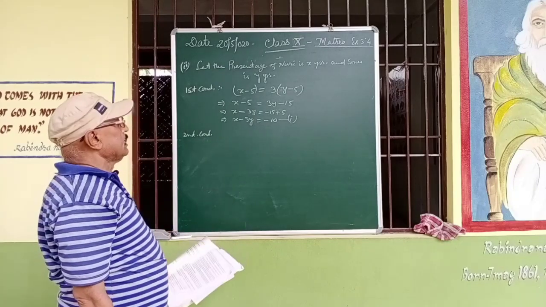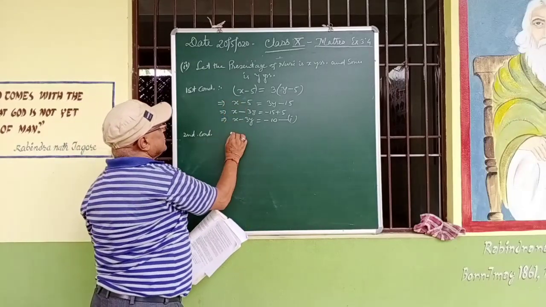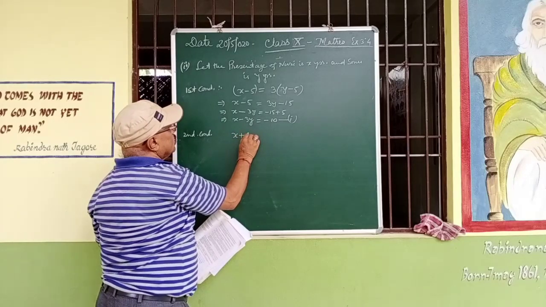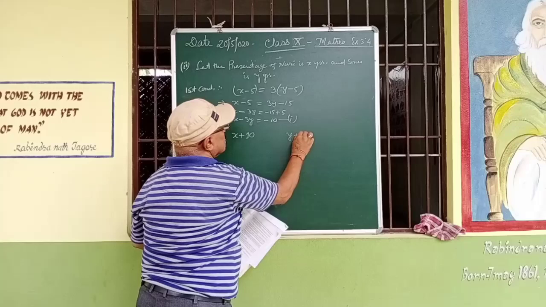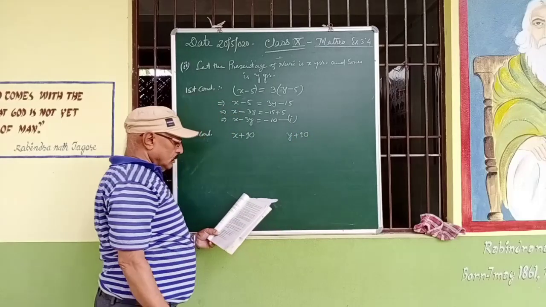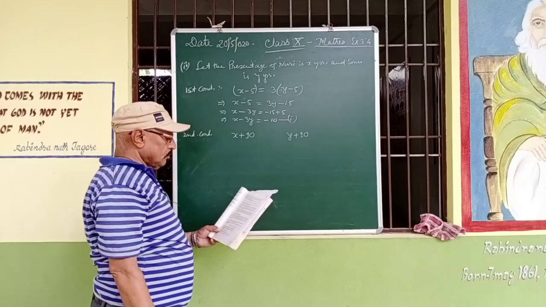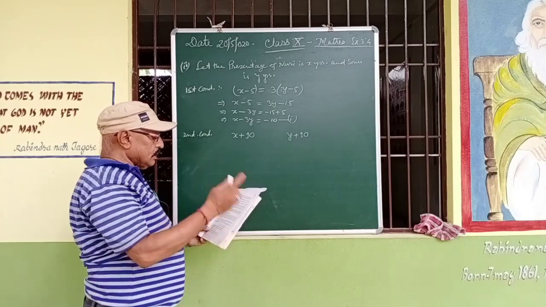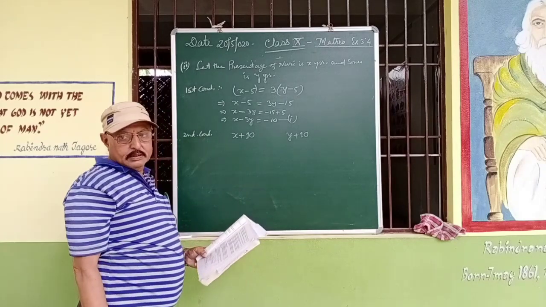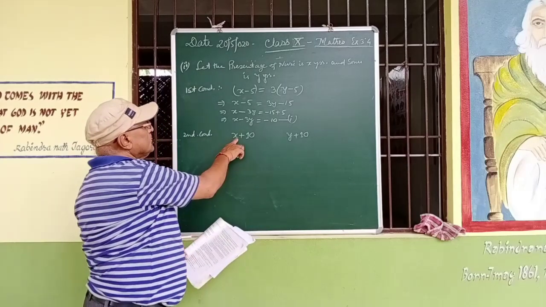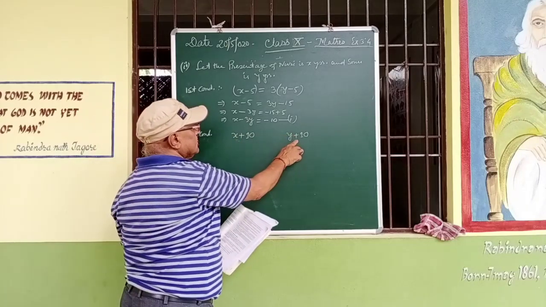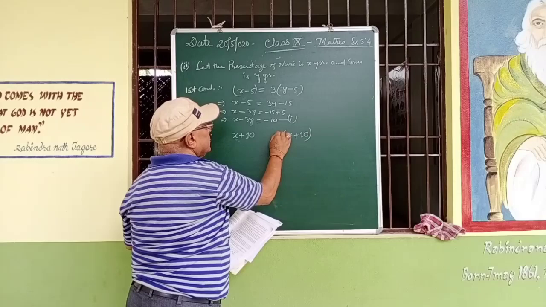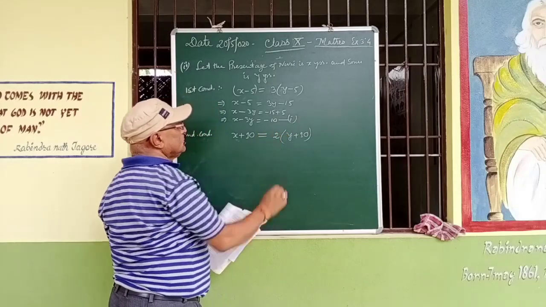And second condition, 10 years later Nuzi's age will be x plus 10, Sonu's age will be y plus 10. So 10 years later Nuzi will be twice. This age will be twice this age. So if we multiply here by 2, then these two ages will be equal.